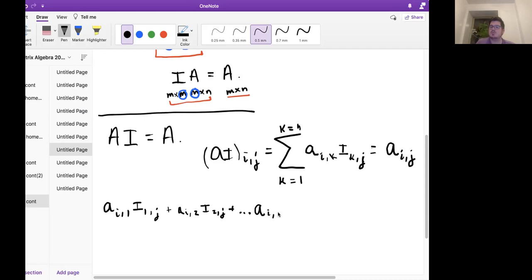And now what is the corresponding entry in the identity that we would be looking at?